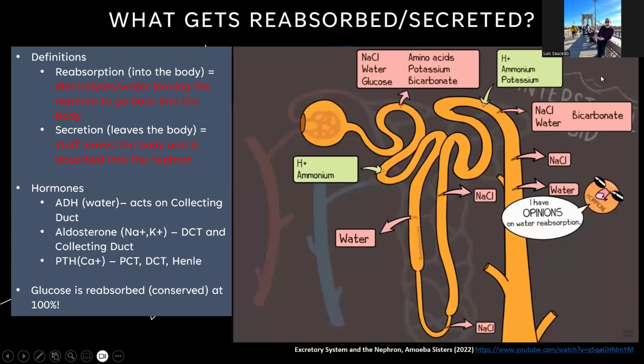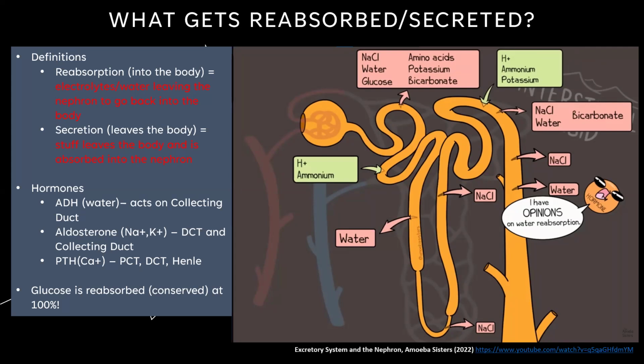One of the more important parts of this chapter, this unit, is understanding where things get absorbed, where things get secreted, what we keep in the body versus what we try to get rid of. Maybe next week in my chapter, I'll talk more about how things get transported across membranes.